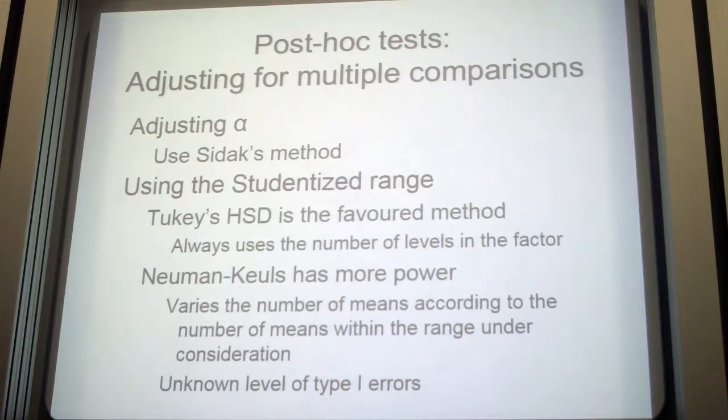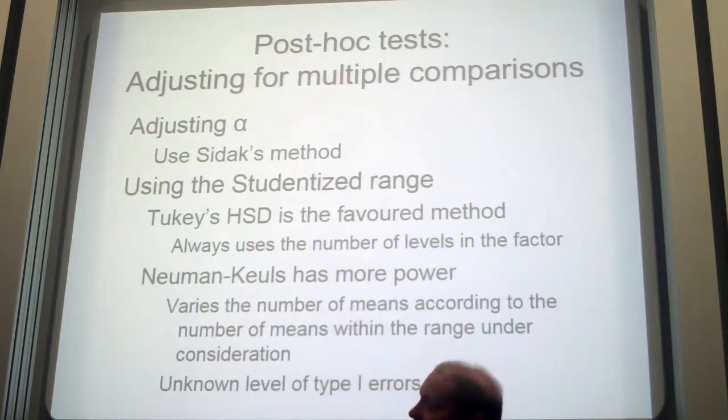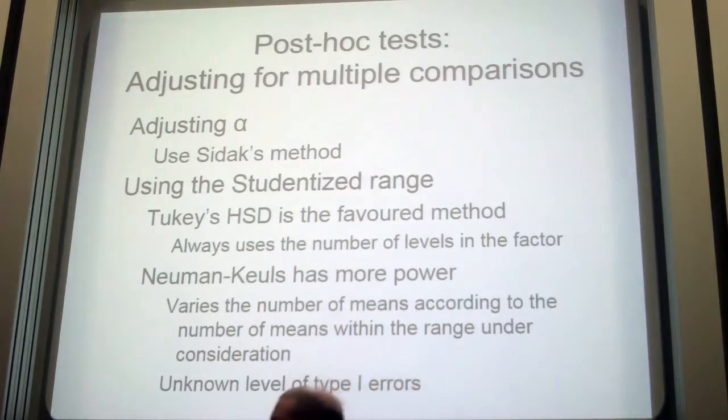Okay, so just in this you can see that we can pull out 3 and each of them has different properties. So, for instance, just saying, should we use Tukey's HSD or Neuman Keuls, you would have to make a judgment call as to what's the worst mistake.